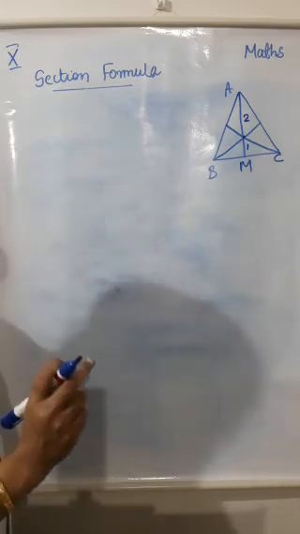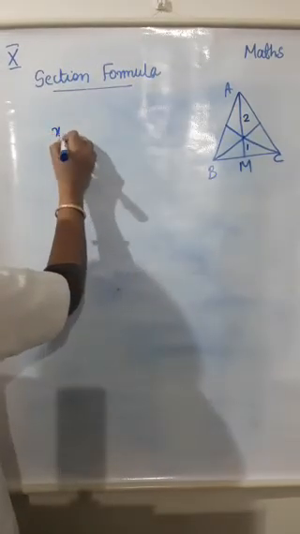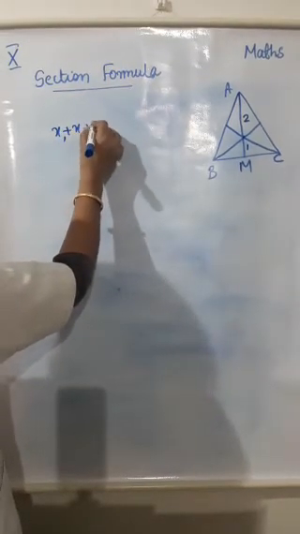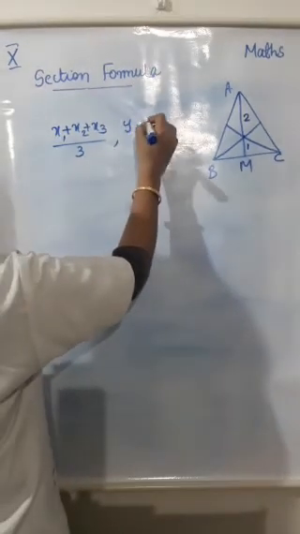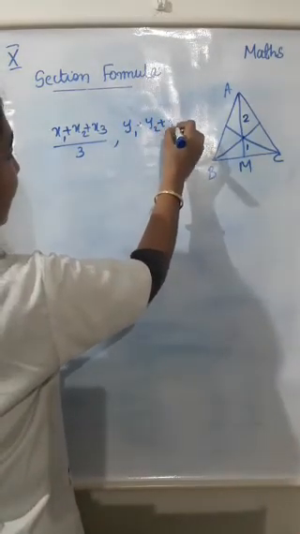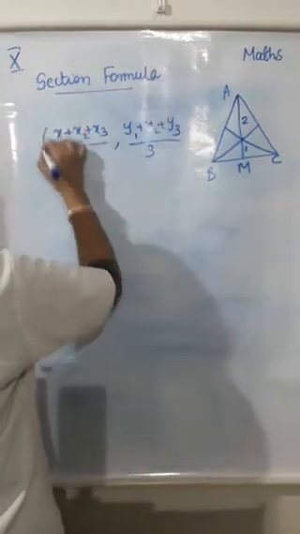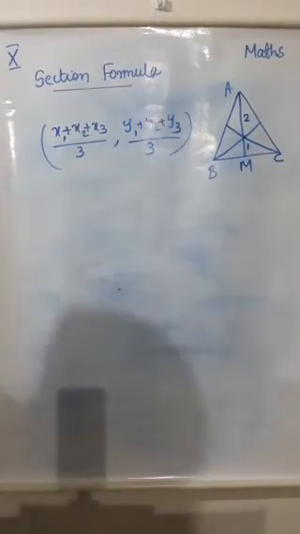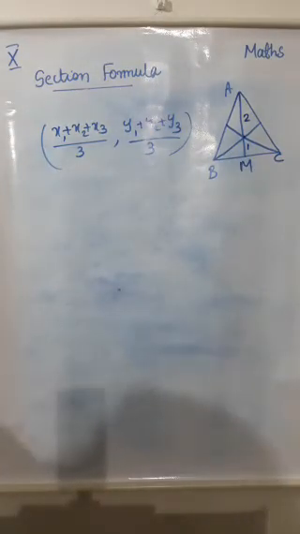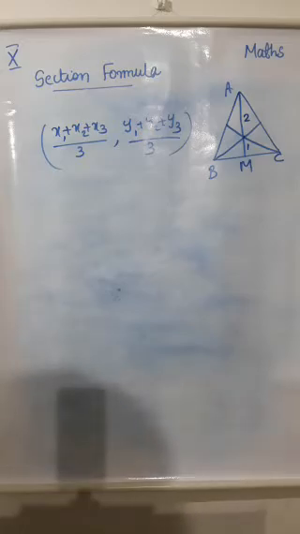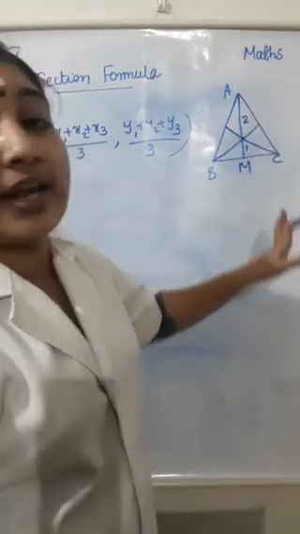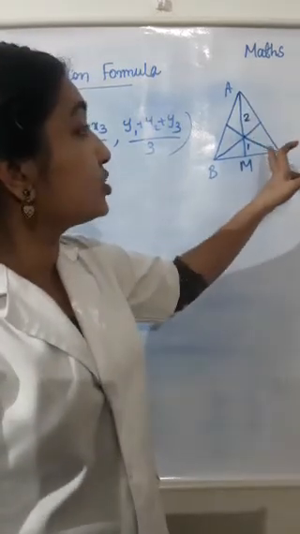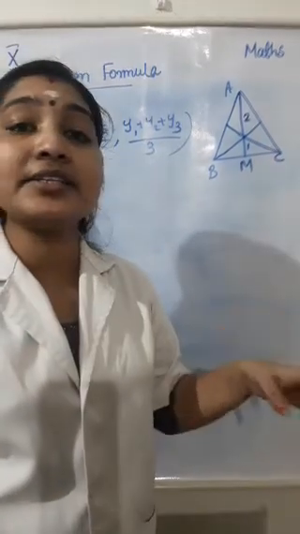The coordinates of the centroid is x1 plus x2 plus x3 by 3, y1 plus y2 plus y3 by 3. What is the centroid? The three medians of a triangle intersect at a point.